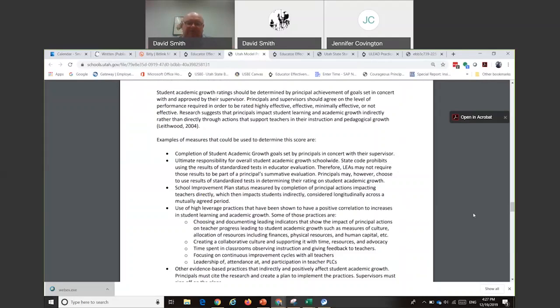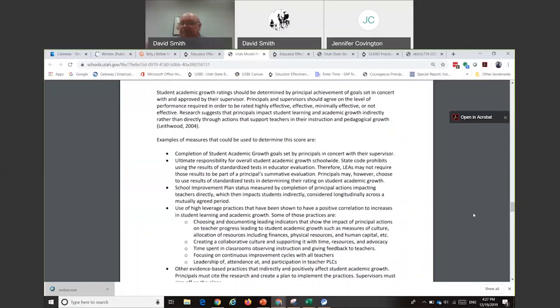We might want to use high leverage practices, for example, choosing leading indicators, things like measures of culture and allocation of resources, physical resources, human capital, and how we assign our teacher talent to students in ways that benefit students the most. We might want to look at time spent in classrooms, because that has been shown to have an effect.